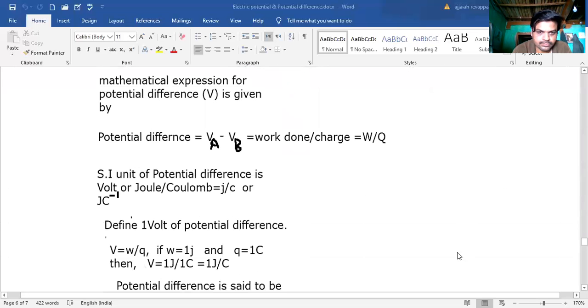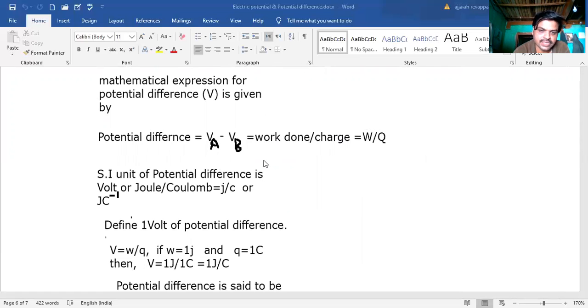That is potential difference VA minus VB is equal to work done divided by charge. So the same expression that we have used to calculate the electric potential, W by Q, is also used to calculate the potential difference. So we have defined electric potential, and we have defined potential difference.